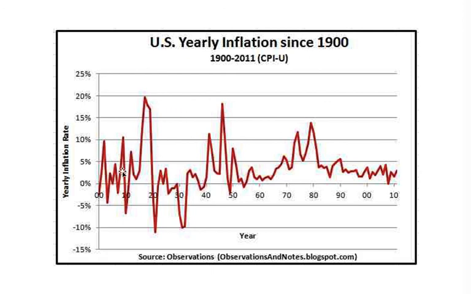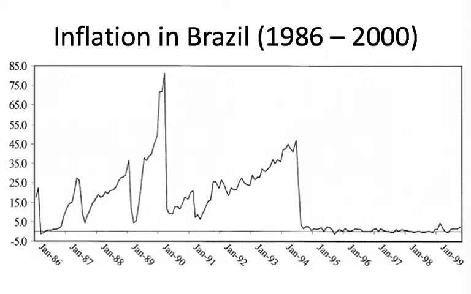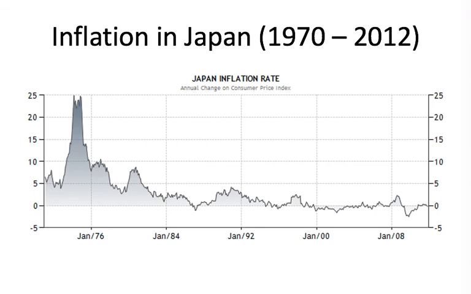That's true for the US. It goes up and down more in the past than more recently. It's true for Brazil. It's true for Japan. And that's because countries started purposely trying to keep their inflation more steady. Okay, so that's a quick overview of inflation.